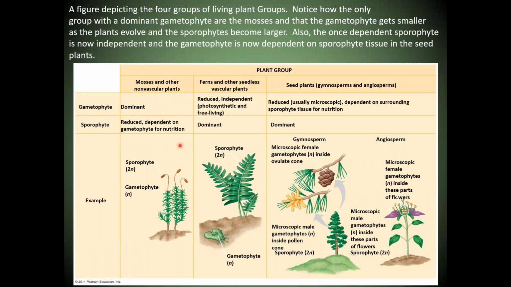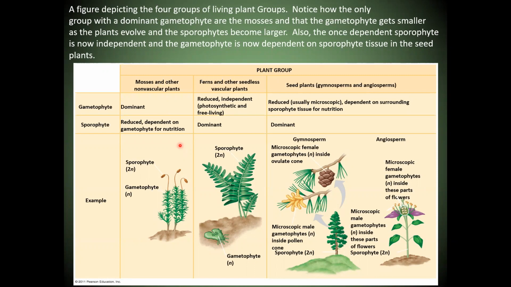Also, the sporophyte initially in the evolutionary history was dependent on the gametophyte. But now you notice that the sporophyte is completely independent, right? And now in terms of seed plants, you also notice that the gametophyte is now dependent on the sporophyte.